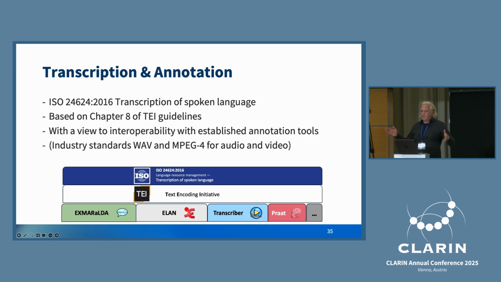So it's a standard that can actually be used together with the tools that have already been established. And we're using industry standards like WAV for audio and MPEG-4 for video.